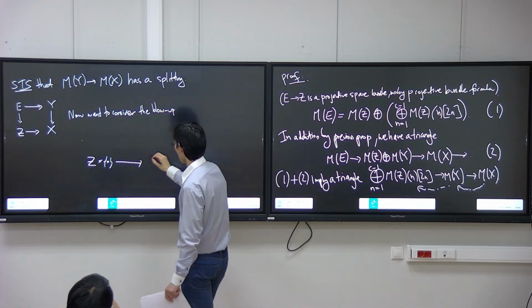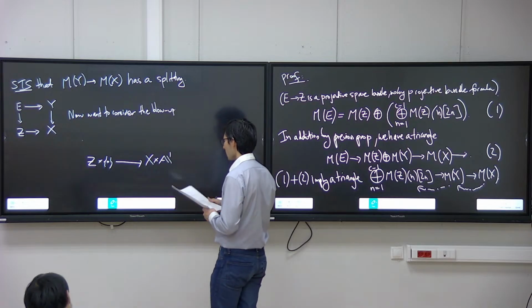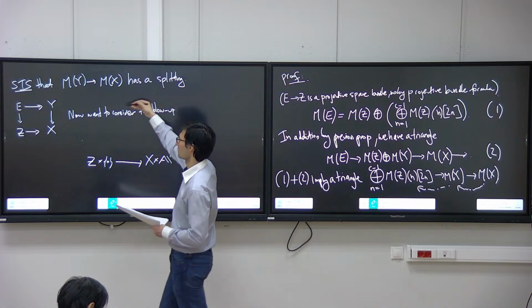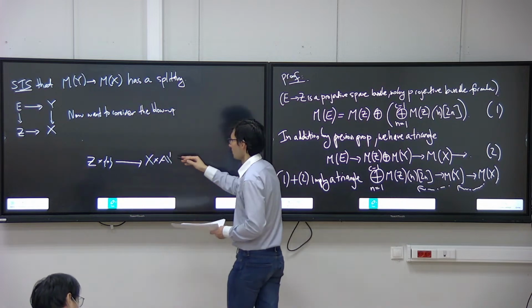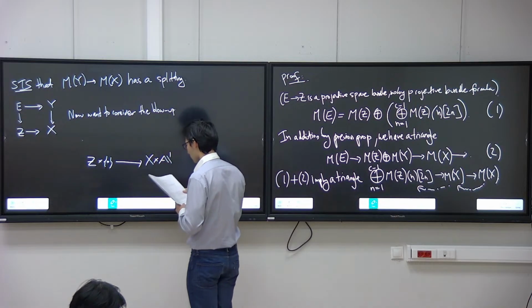And now I add X product with the affine line. I mean, somehow adding an affine line should not change anything in terms of these motives, right? Because the motive of A1 is trivial. But we may get some extra information.